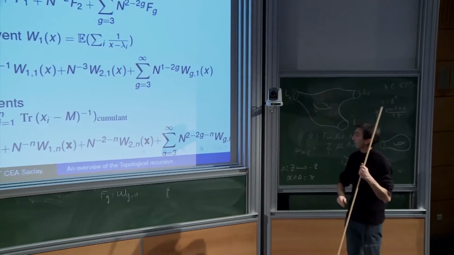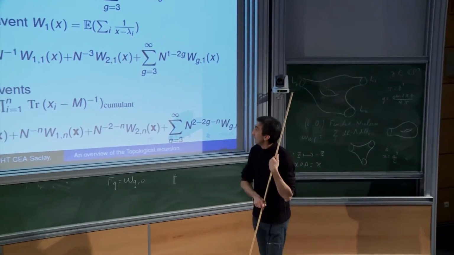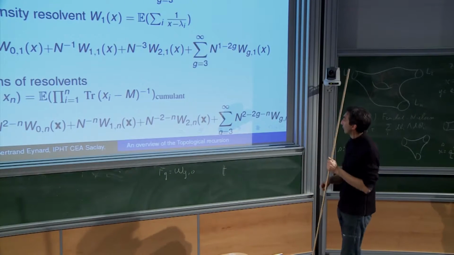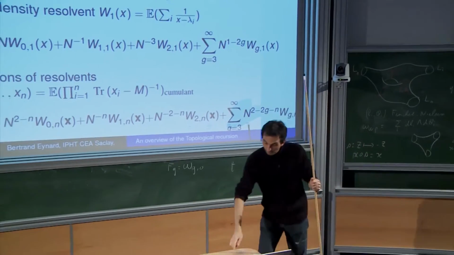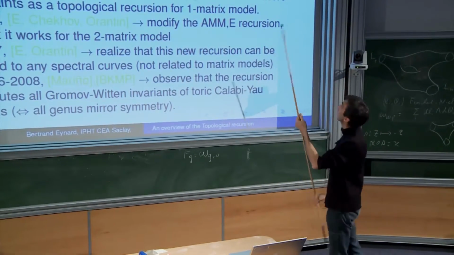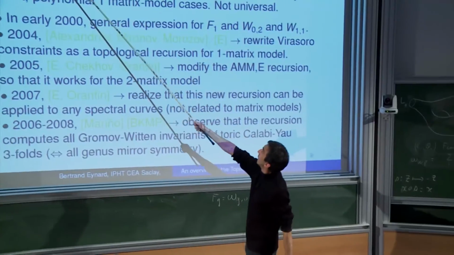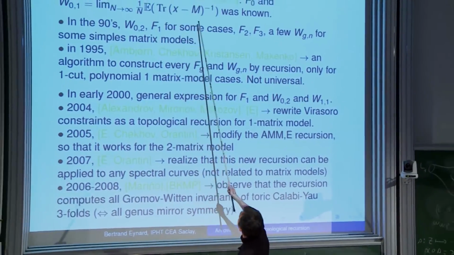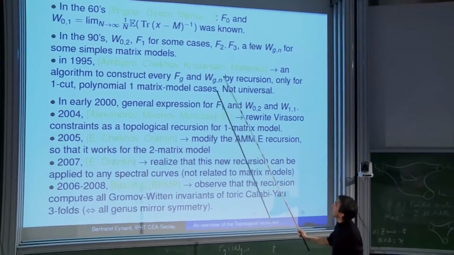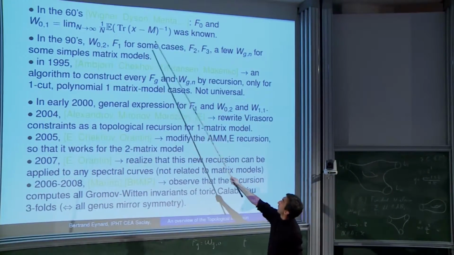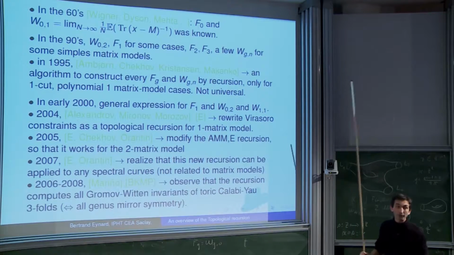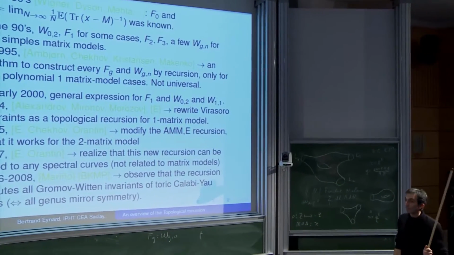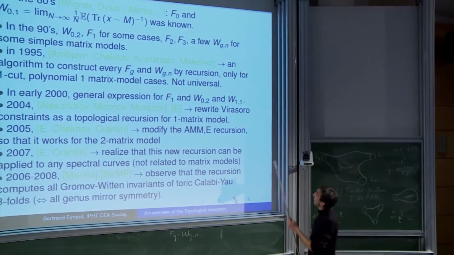In the literature of matrix models, there have been many methods to try to compute those coefficients. The first few of them, W_0^1, which is just the limit of the trace of a resolvent, was already known by people like Wigner, Dyson, Mehta at the very beginning of random matrices. So it was known from the very beginning, and it's very easy to compute in those examples.